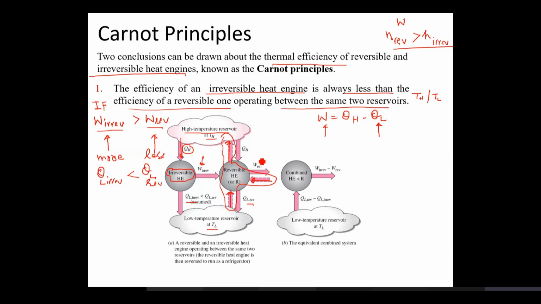Yes, sir. All right. Then I combine the irreversible heat engine plus the reversible engine, which, since the cycle is opposite, I'll call a refrigerator. If I combine these two together, this irreversible one requires QH, and the refrigerator rejects QH, so QH and QH would essentially cancel out.